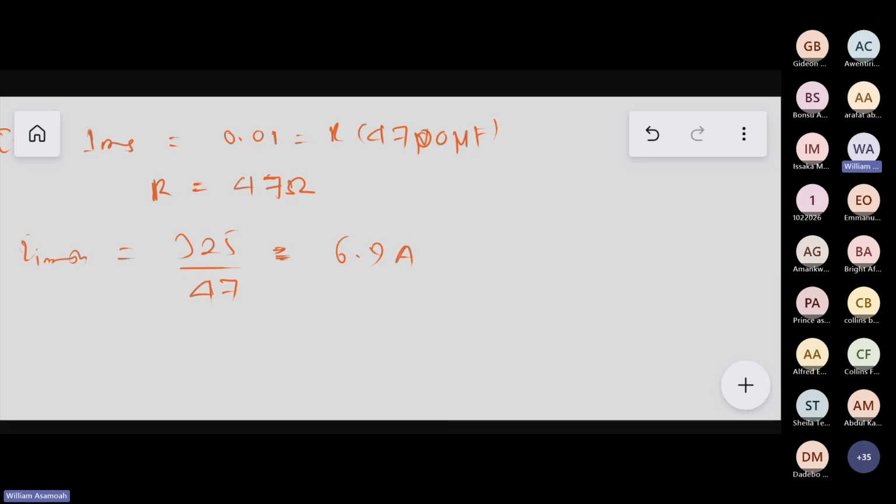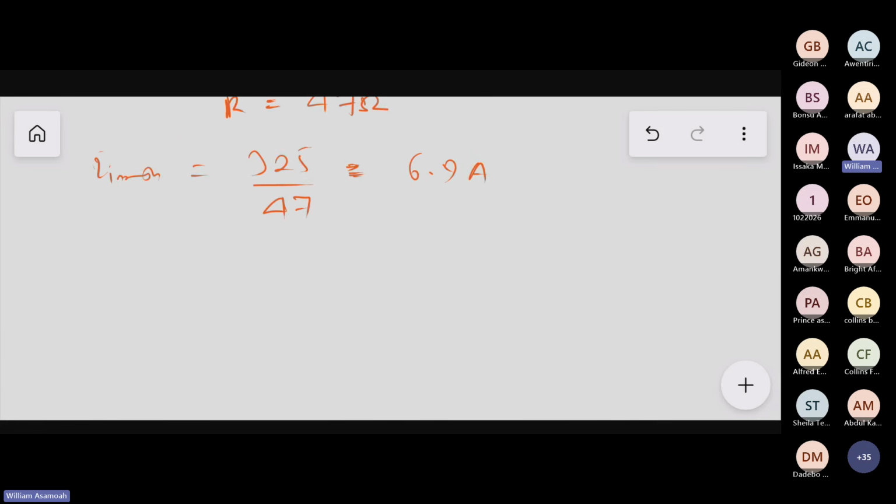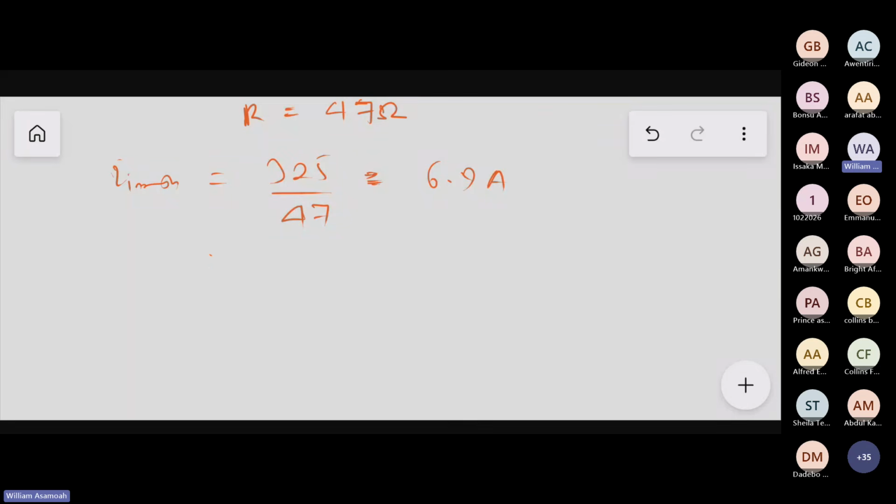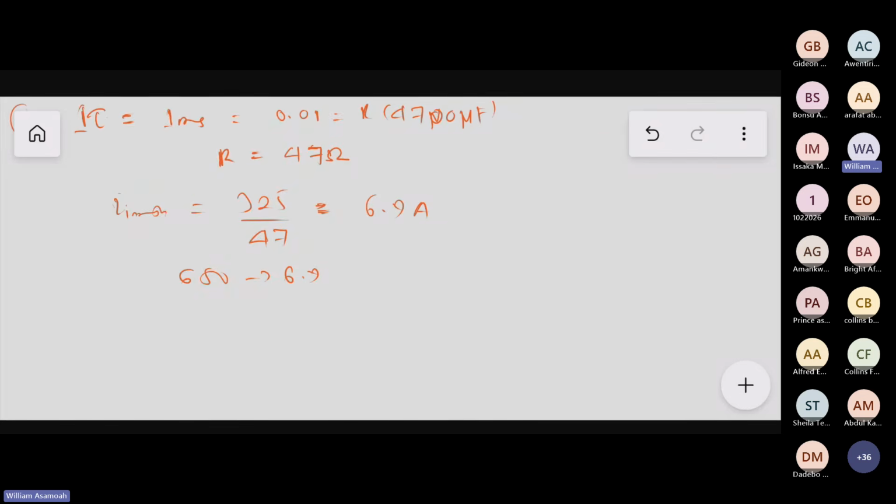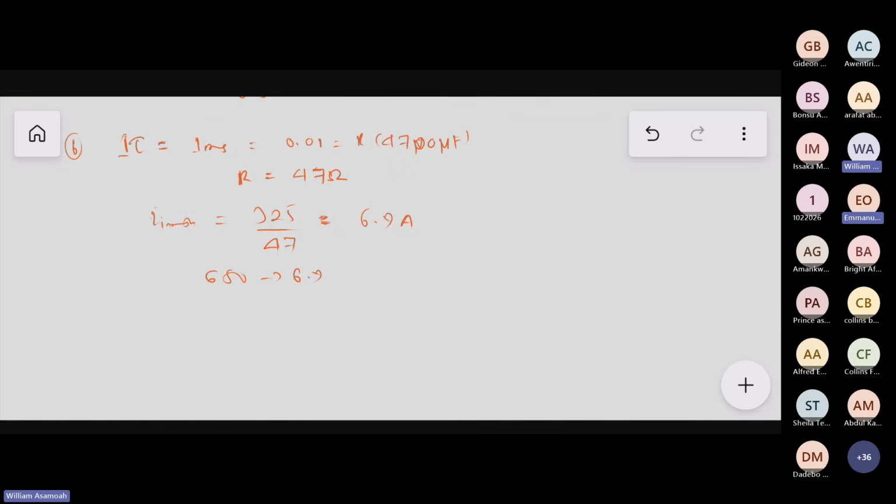What is the reduction in current from 650 to 6.9? What's the percentage reduction? Please, our time is quickly running.